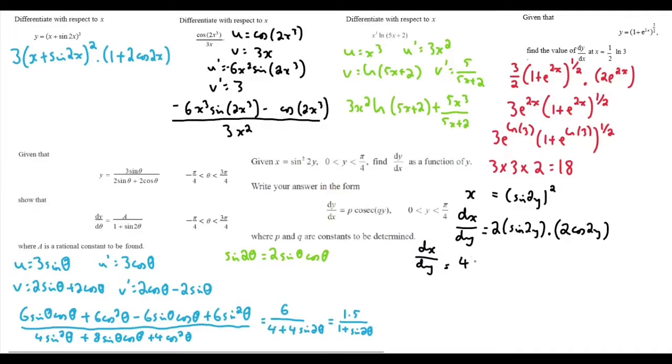If you were to just simplify this slightly, if you so chose, so your dx over dy, 2 times 2 will be the 4, so 4 sine 2y cos 2y, and then once again, based on this identity, we can say that if it was 2 sine and cos, that would become sine 2 theta. So 4 as a coefficient is double this. So we'll start off with a 2 sine.